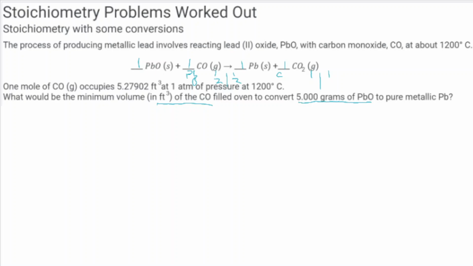So cubic feet of carbon monoxide. All right, so now we know our starting point, we know our ending point, and since we're going from one compound to another compound, we're going to have a mid-stopping point at the chemical equation. So let's go ahead and start off with the 5.000 grams of lead oxide.